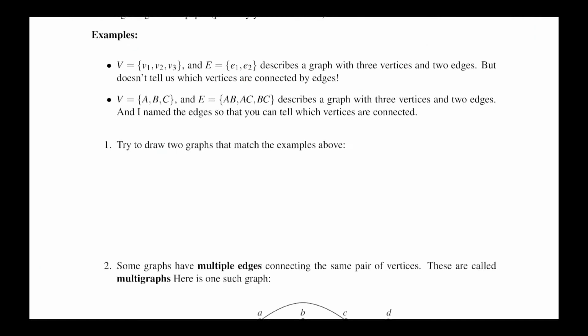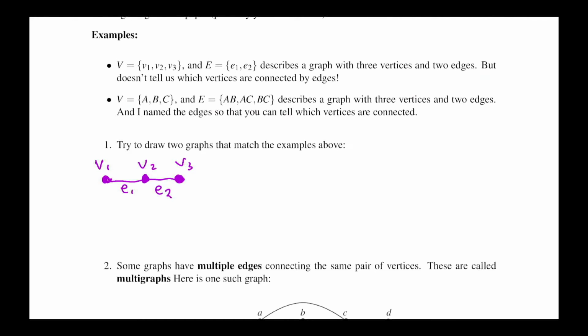So that's why it's not a great way to name edges. But we can still draw it. V1, V2, V3, we can draw them however we want. So I'll draw them like this. And we're supposed to have 2 edges, which we can draw again however we want. So let's put one here and one here and call this E1 and this E2. So that's the first graph.